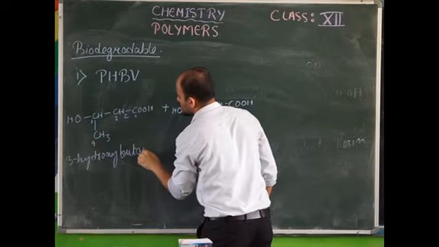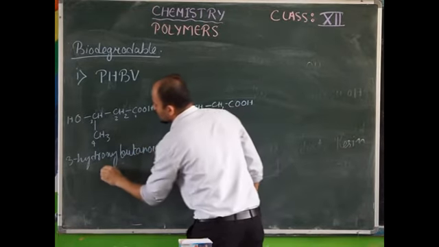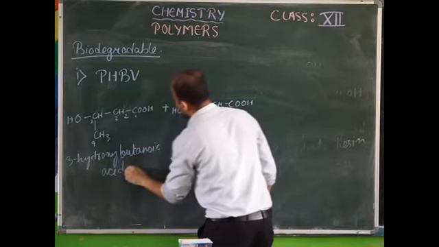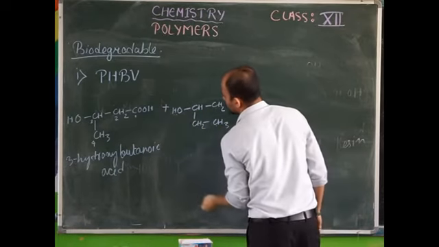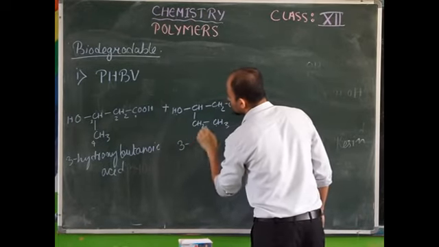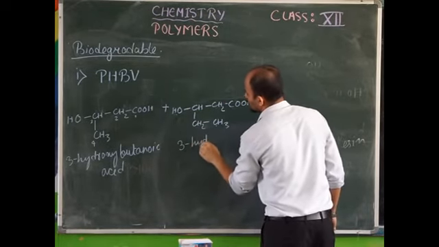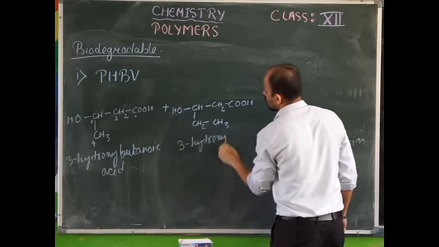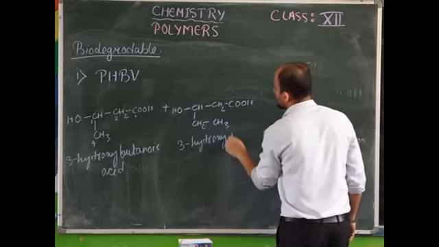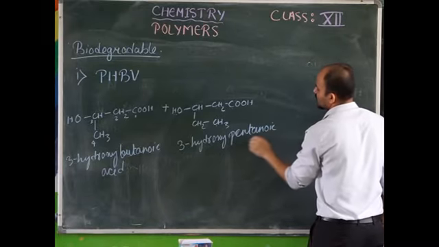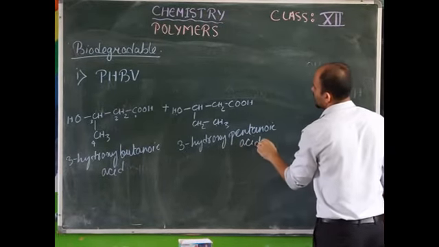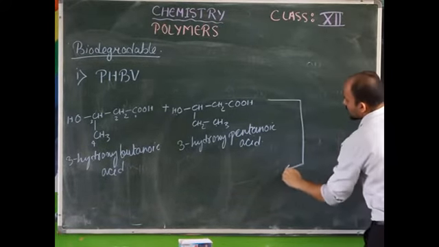This is 1, 2, 3, 4, 5. At the 3 position we have an OH group. Therefore, this is also 3-hydroxy. Now it is a 5 carbon chain, therefore it is pentanoic acid. So when these two are treated, okay.